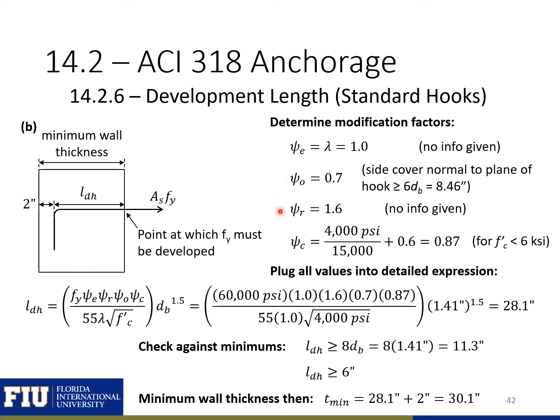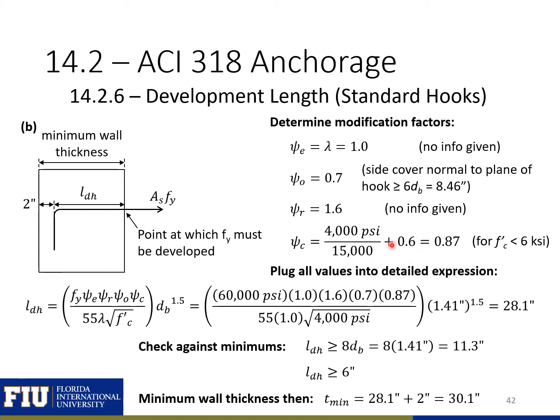We don't have any information on reinforcement surrounding the hook, so we're going to assume a confinement factor here of 1.6. And for our concrete, we have 4,000 psi concrete, so we have a factor here of 0.87. Because we're less than 6 ksi, we use the equation as shown here.